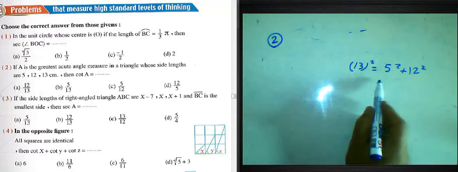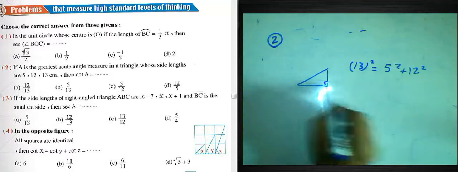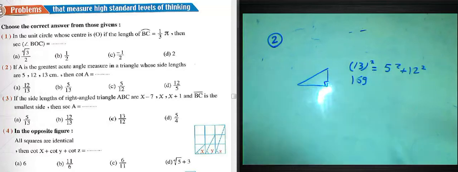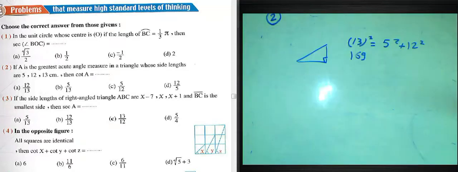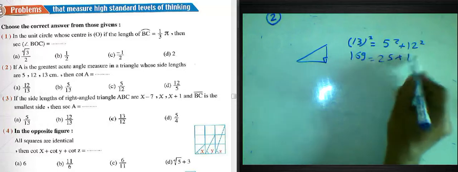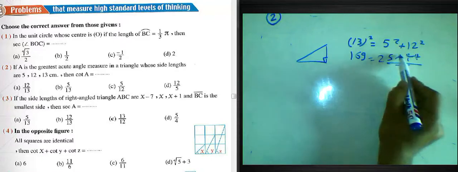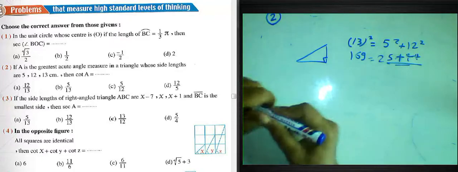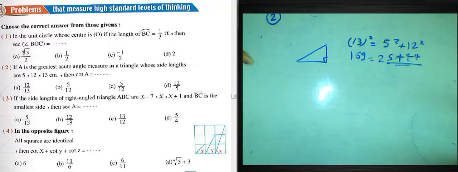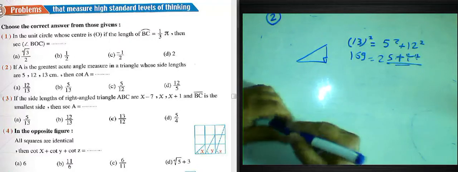So this triangle is a right angle triangle, because 169 equals 25 plus 144. And he told us the greatest acute angle in measure was A.